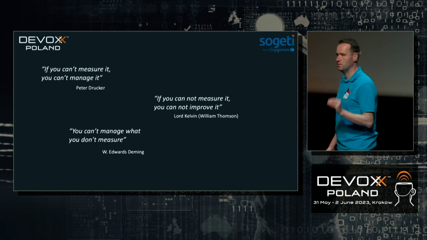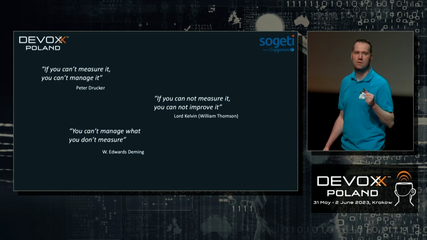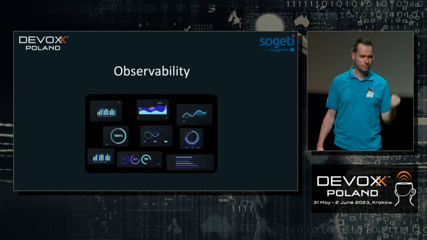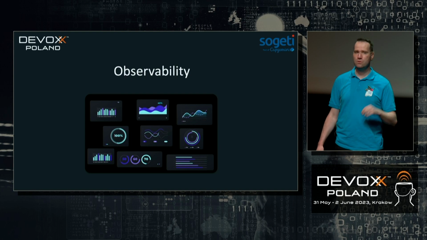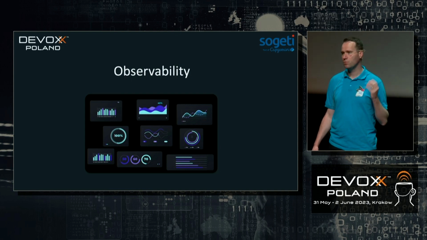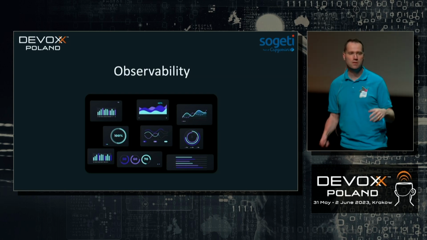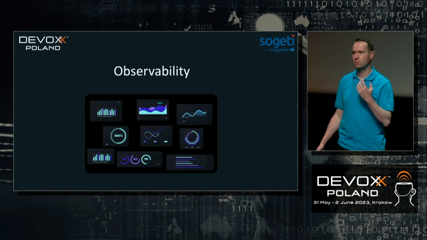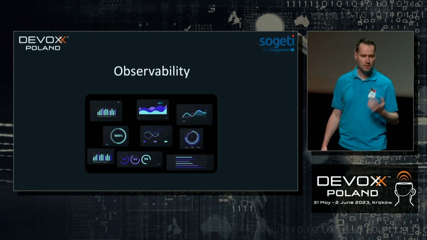And that is what brings me to the main subject of this talk: observability. You need to be able to see what's happening before you can change it. You need to be able to extract the information from it before you can do something with it.